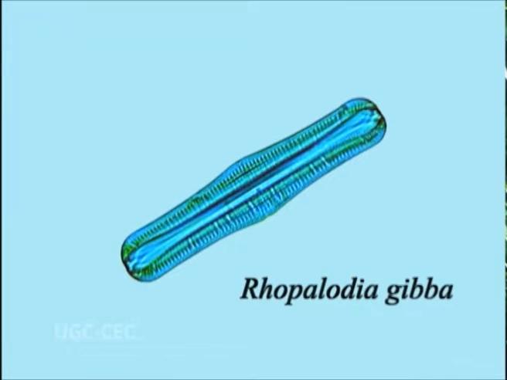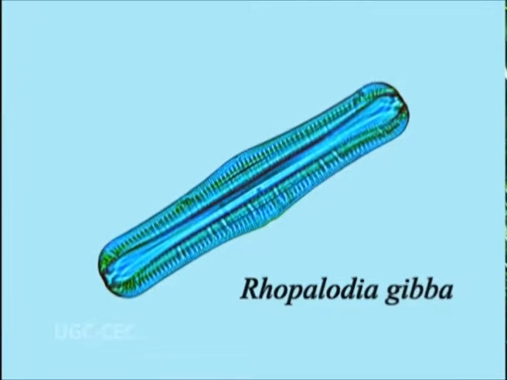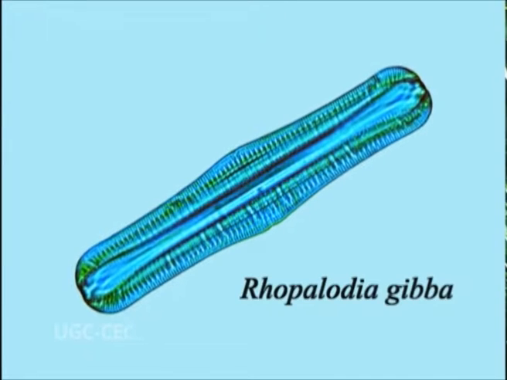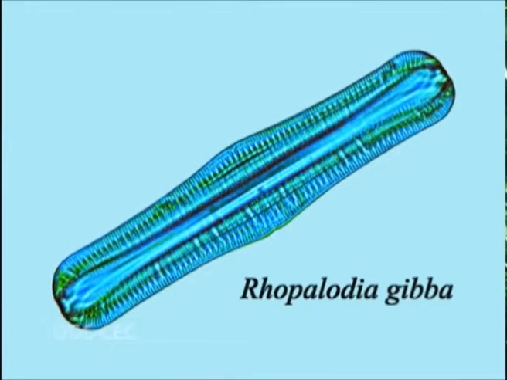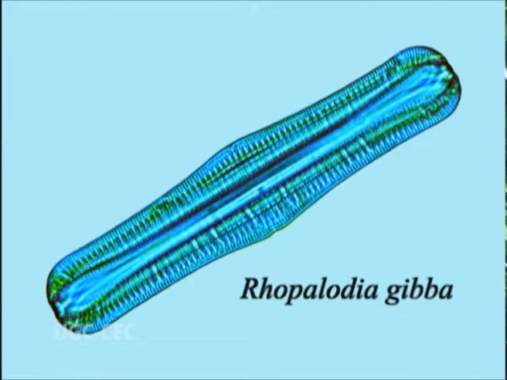Rhopalodia gibba, a diatom alga, is probably the only eukaryote with cyanobacterial nitrogen fixing endosymbiont organelles. The spheroid bodies reside in the cytoplasm of the diatoms and are inseparable from their host.